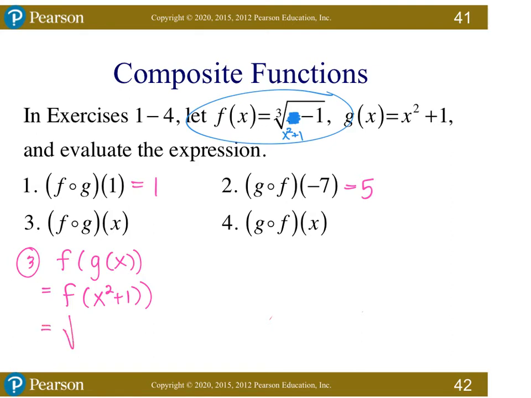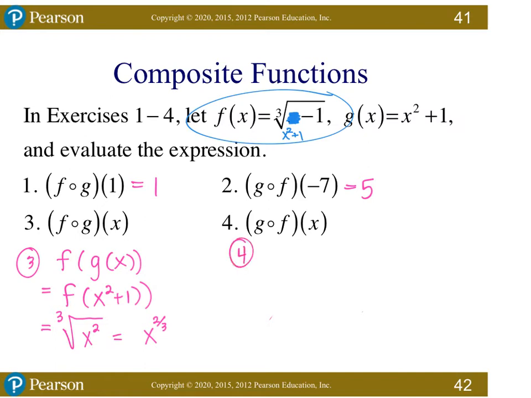So I'm going to end up with the cube root of x squared plus 1 minus 1, which of course is just then the cube root of x squared. Another way to write that would be x squared, and then to show the cube root, you'll have divided by 3. So this composite function is x to the 2/3.